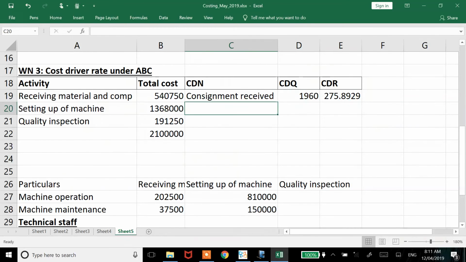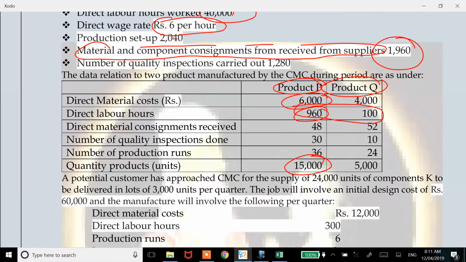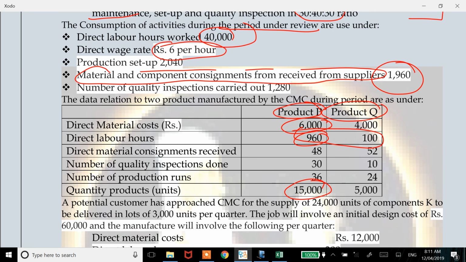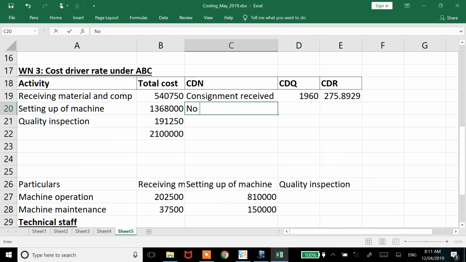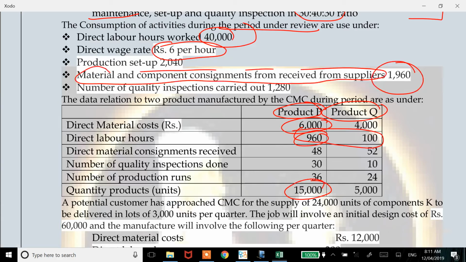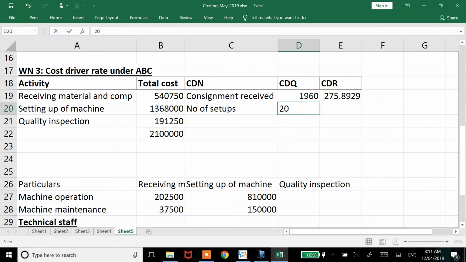Setting up of machine, what should be the cost driver? Number of production setups. Again, at the overall company level, how many setups are there? 2040, and the rate is 670.5882.